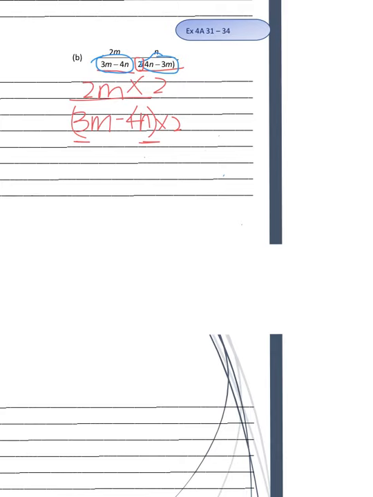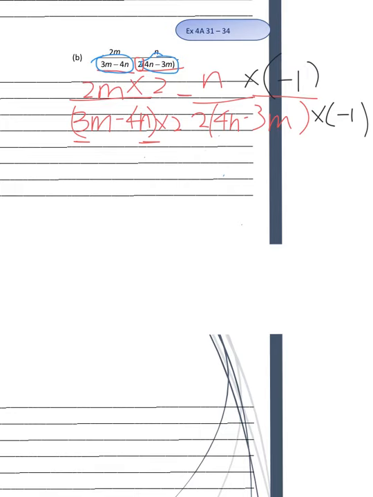And then for the fraction at the back, what we need to do is multiply the numerator and the denominator by the -1.